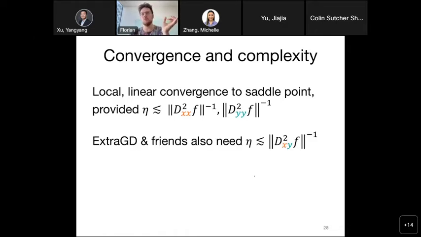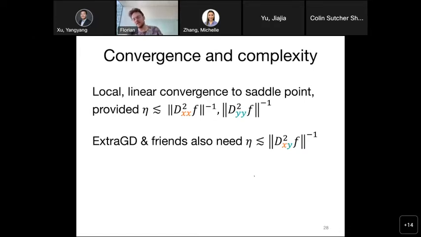The main difference to other modifications like extra gradient and so on is that they also need eta to be smaller than this mixed derivative dxy. And so that means that as the game becomes very interactive, so what the player X does really strongly affects what the player Y does and so forth, methods like extra gradient have to adapt to this by reducing their step size, which CGD does not have to do.